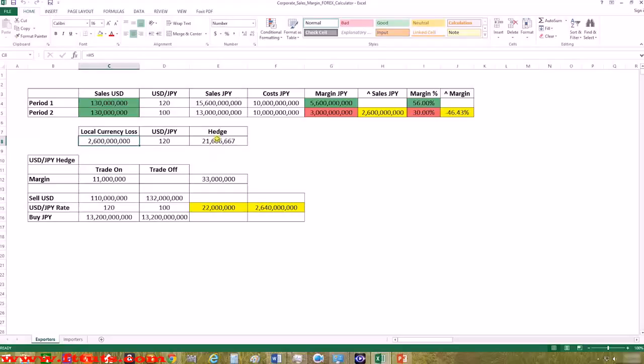So Sapporo look at this and think we must hedge this situation, because if the dollar yen rate does fall from 120 to 100, in local currency terms, this is how much it's going to cost us. And if Sapporo is a publicly traded company, investors, when the dollar starts falling, are going to sell the stock of Sapporo, because they're predicting in the future that if the dollar yen exchange rate does fall from 120 to 100, Sapporo's margin is going to get severely hurt.